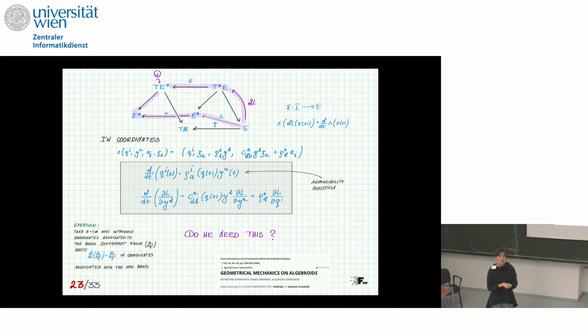This is one example. Another example will be related to some constrained mechanical system, and in general we can think of so-called mechanical systems, so systems with a Lagrangian of the form kinetic energy minus potential energy, no fancy stuff.